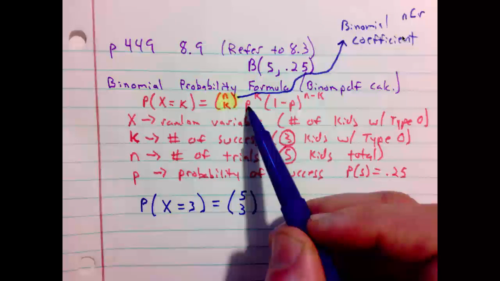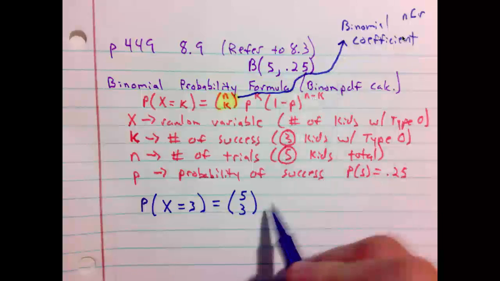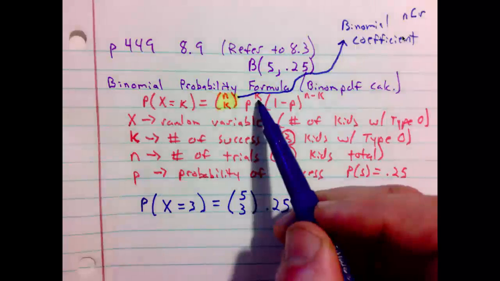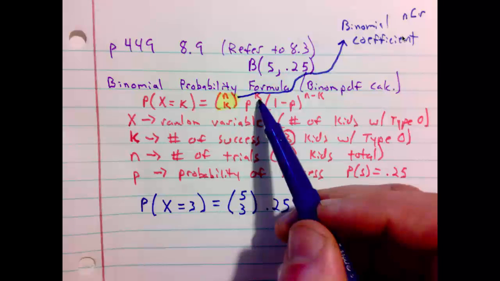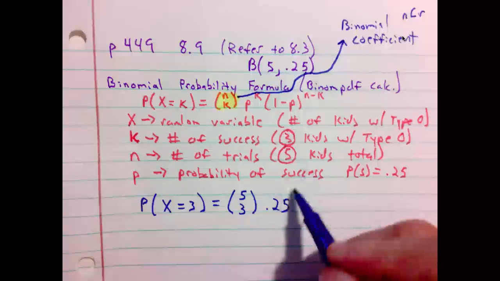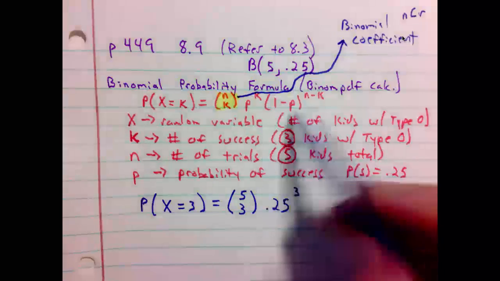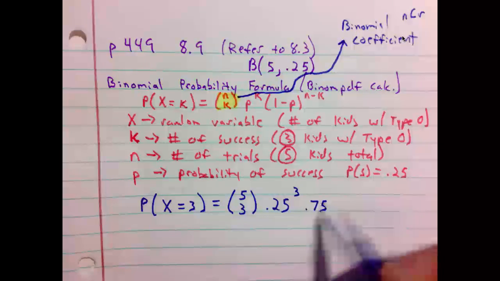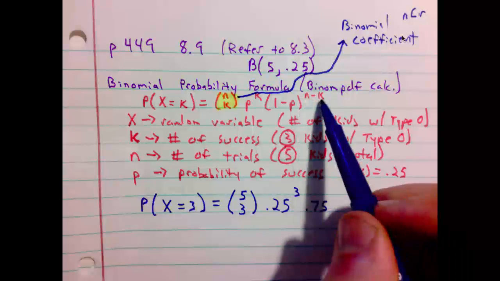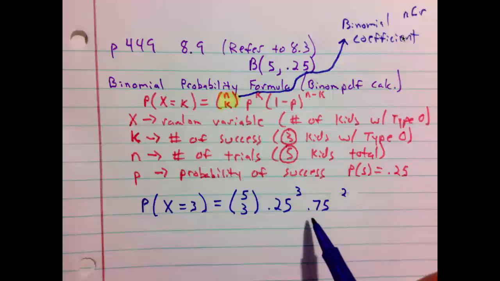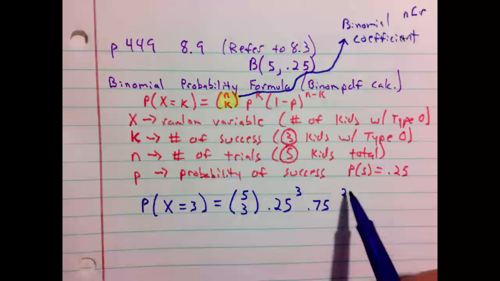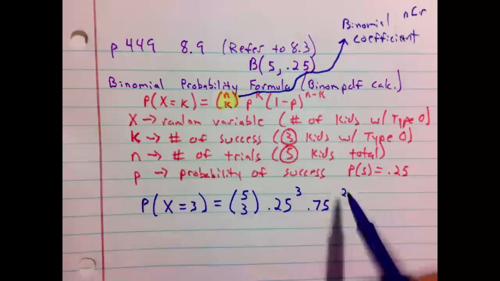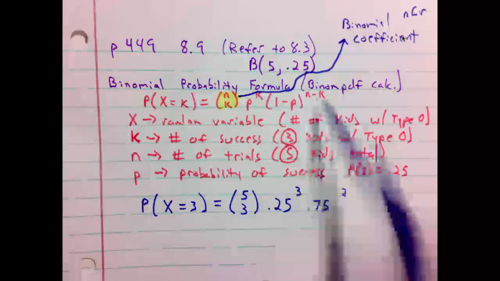p is our probability of success, that's 0.25. k is the number of successes we want, 3. 1 minus p, our complement, is 0.75. n minus k is our number of fails, which is 2, since 5 minus 3 is 2.